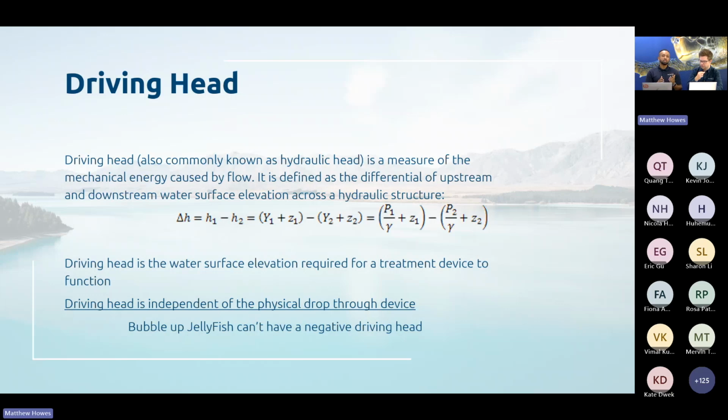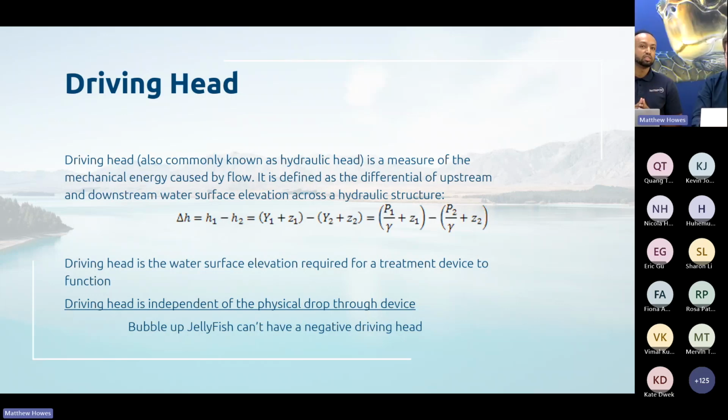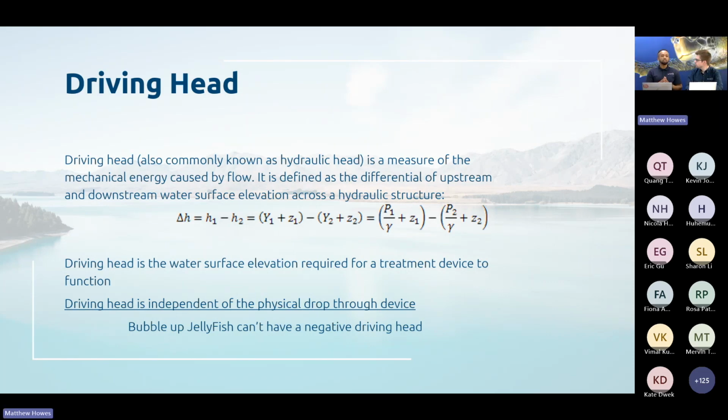So the driving head is the water surface elevation required for a treatment device to operate as designed, or to the designed flow rate. As Matthew just said, driving head is independent of the physical drops through a device. The physical drop or the elevation head can be part of the total driving head, but the driving head by itself is the mechanical energy or the hydraulic head required to convey those treatment flow rates through a device.